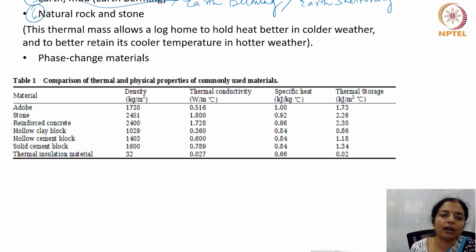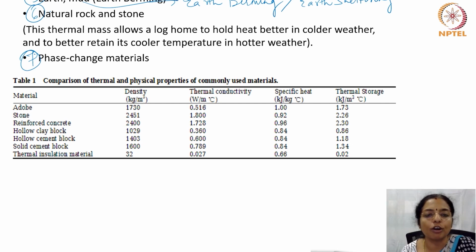So this thermal mass allows a log home to hold heat better in colder weather and to better retain its cooler temperature in hotter weather. And the new age material is phase change material. So I have just given a glimpse of a comparison of the properties of commonly used materials to understand their thermal storage capacity.